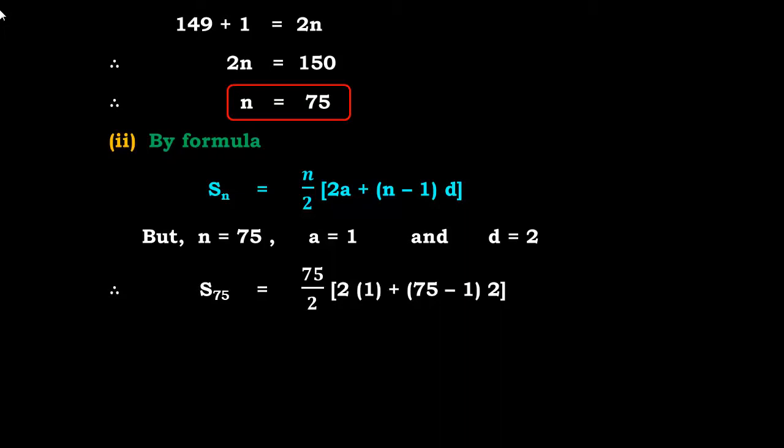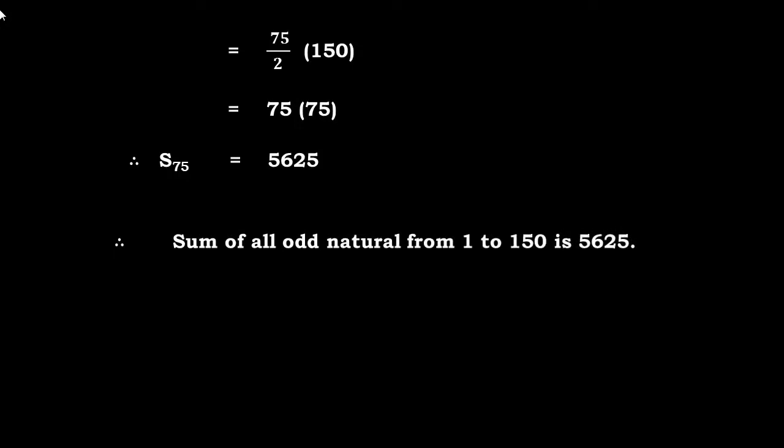Now solve the bracket first. 75 minus 1 becomes 74. Now multiply 74 into 2 and then add 2. You will get in the bracket 2 plus 148, so after addition you will have 150. Now 150 upon 2 is 75. So 75 into 75, you will get 5625. That means the sum of the 75 numbers will become 5625.